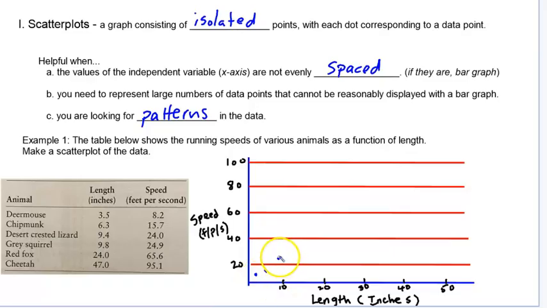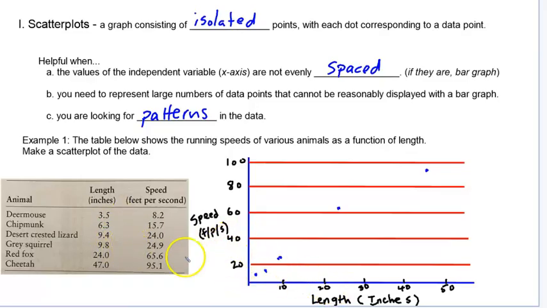Those are really close together. 24.0, just about halfway. 65.6. I'll call that right there. And then 47, 95.1. So we'll just come up here and we'll guesstimate that to be there, maybe a little bit higher than that. But that is a scatter plot.